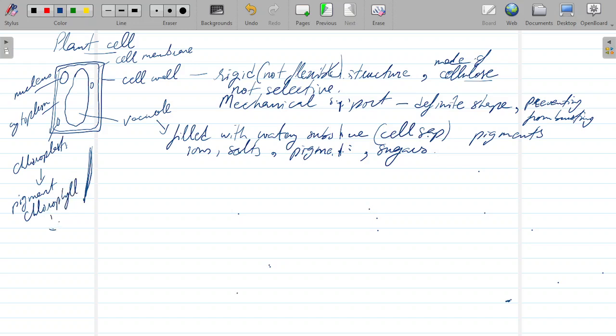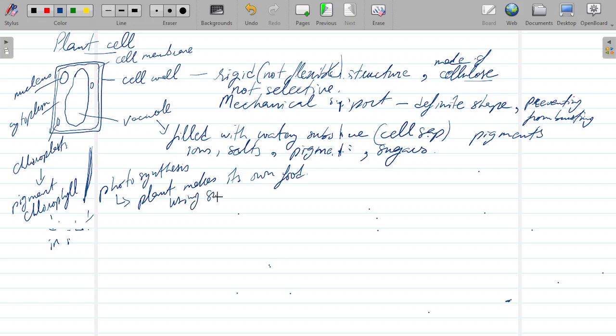This chlorophyll is involved in the process of photosynthesis, which is basically how the plant makes its own food. Again, we'll talk about that in a later chapter. It uses sunlight, carbon dioxide and water.